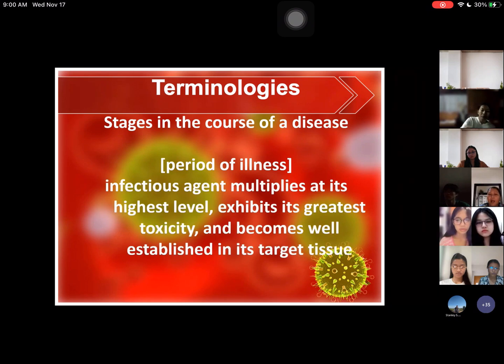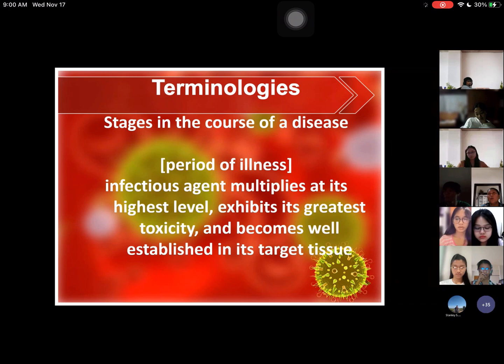Another thing about the period of illness is that the infectious agent multiplies at its highest level. So it exhibits its greatest toxicity and becomes well established in its target tissue.